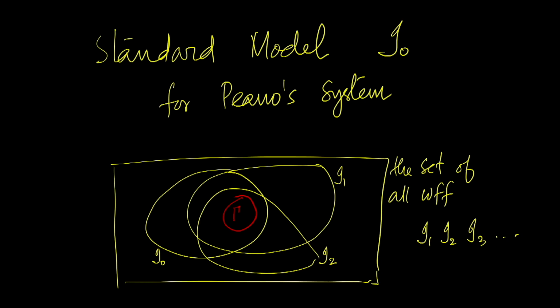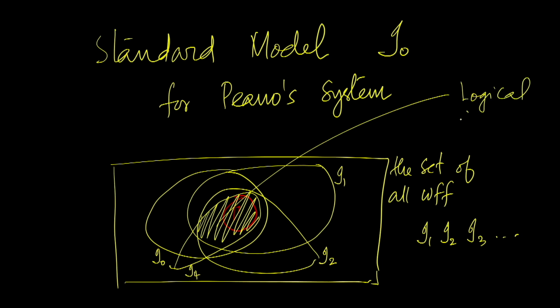Then the intersection of all of these will form the logical consequences of gamma. That is because these statements, the shaded portion within the Venn diagram, when we have plugged in all imaginable interpretations, we find that the intersection of all of them is exactly the logical consequences of gamma.